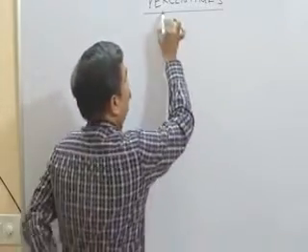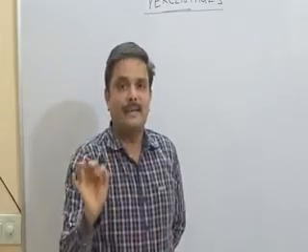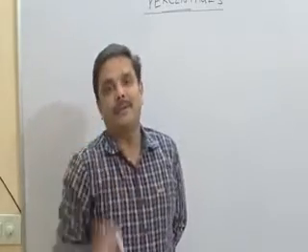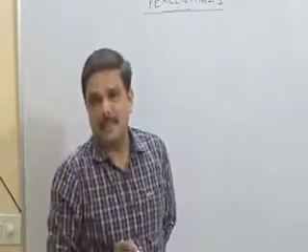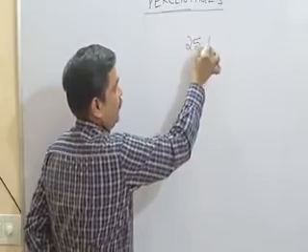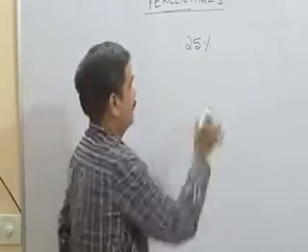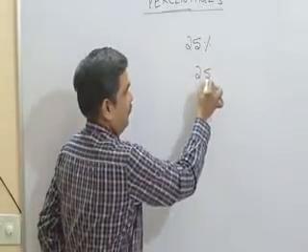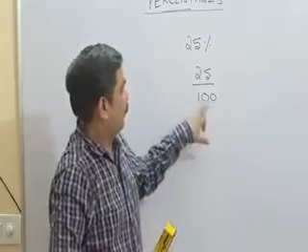Percentages, the very meaning of percent. Percent is per 100. Remember, per 100. On every 100 is called percent. For example, it is given 25%. What's the meaning of 25%? 25% means 25 upon 100, that is 25 for every 100.